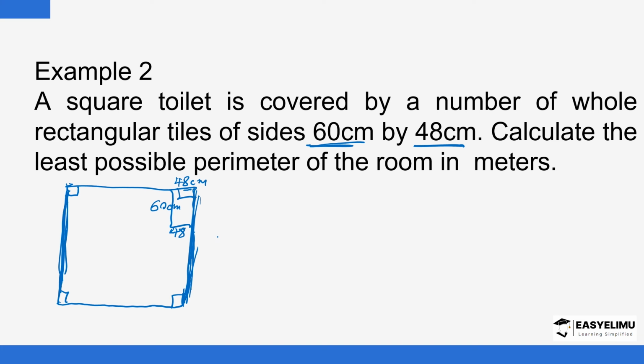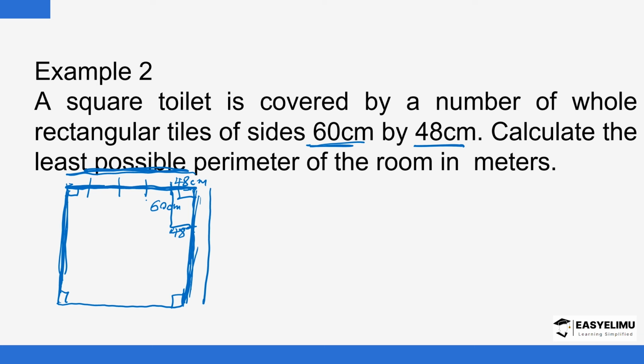So if let's say you talk of these as 240, for example, that same length should be able to accommodate 48. So the 48 can fit onto this exact number of times. So that is basically a number that can be divisible by 60 on this side, and at the same time, that number can be divisible by 48. That is the same number.